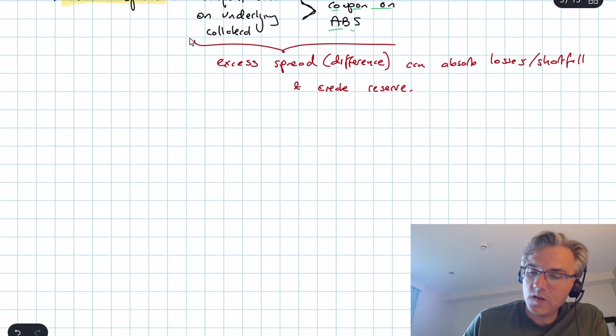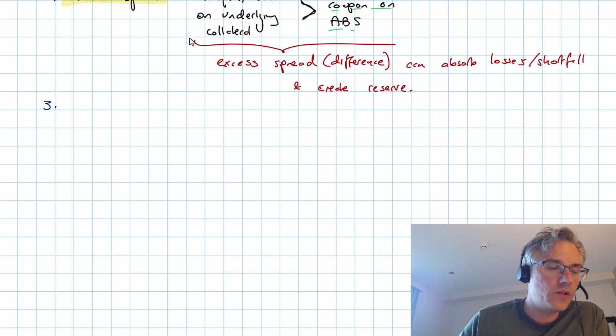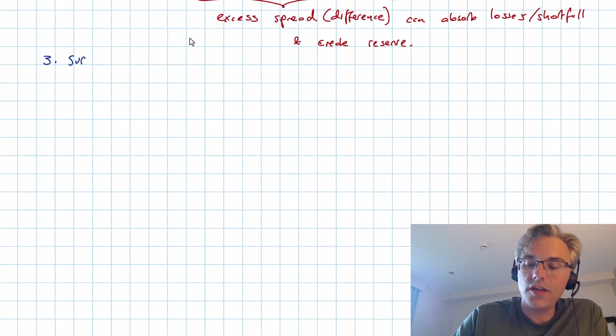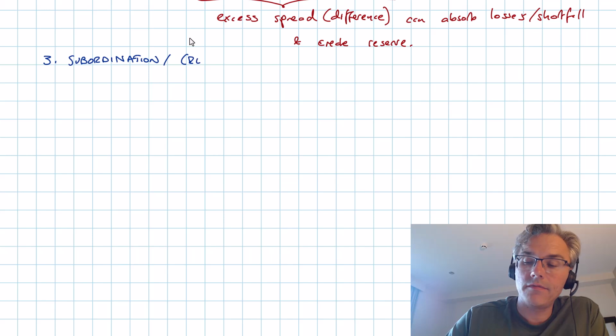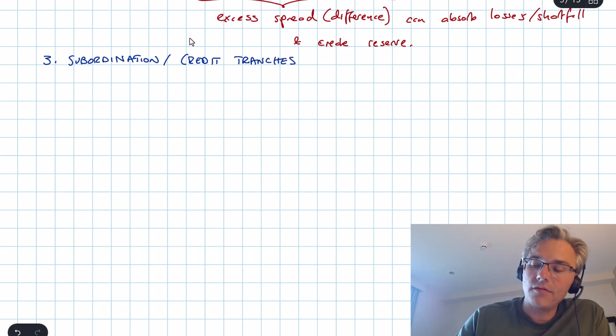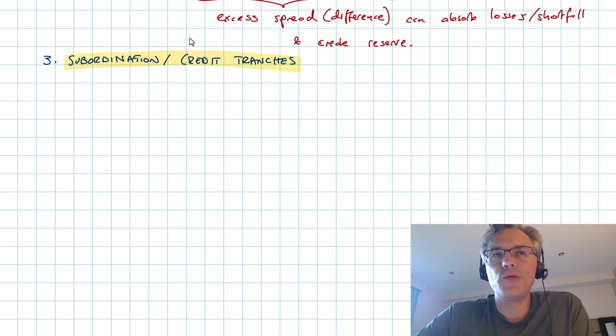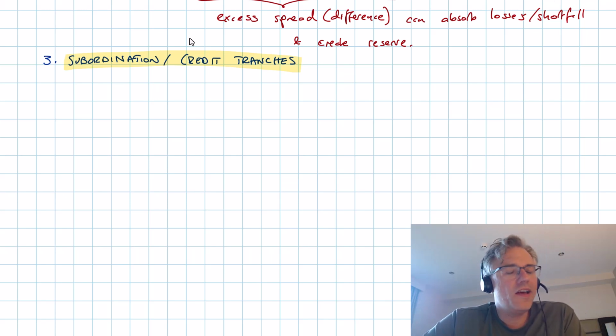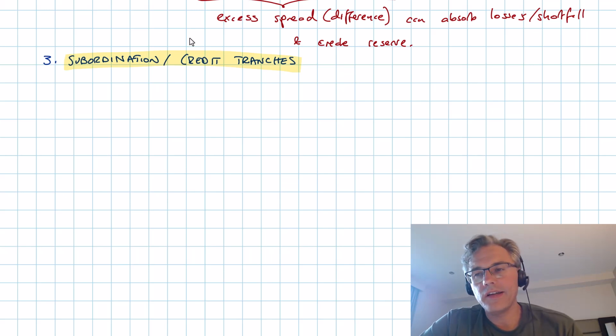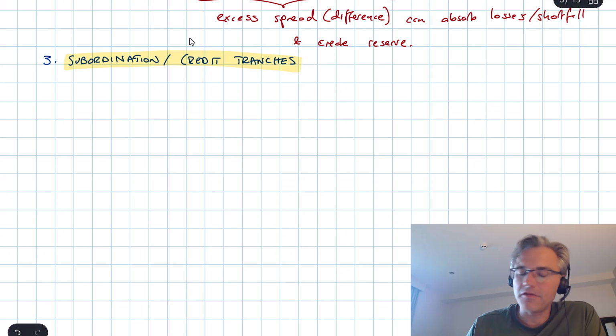Now the third one, the one that we're going to spend the most time on, I guess, is subordination. And this is absolutely synonymous, ladies and gentlemen, with credit tranching, creating tranches so as to differentiate who gets money first, who gets money later, and not only the order, but also with it will come different yields, different returns.